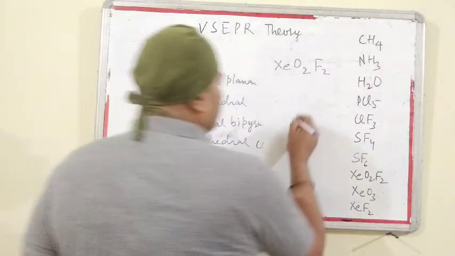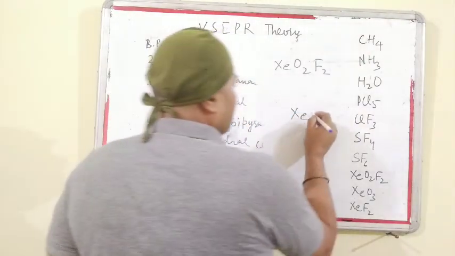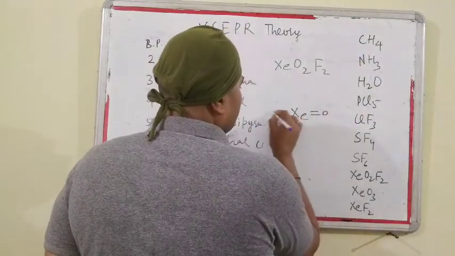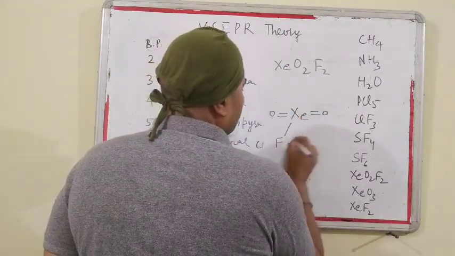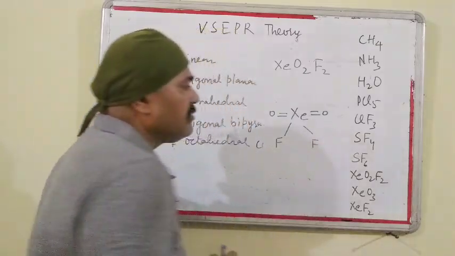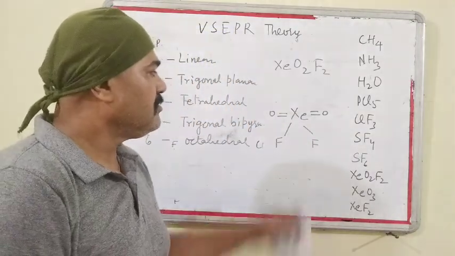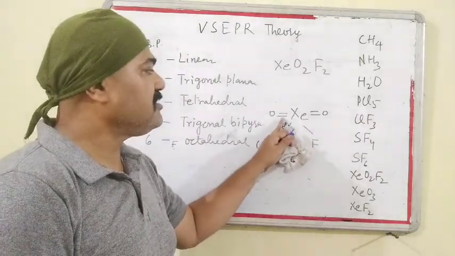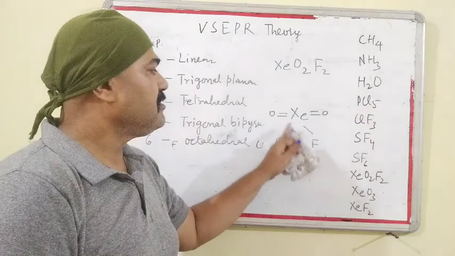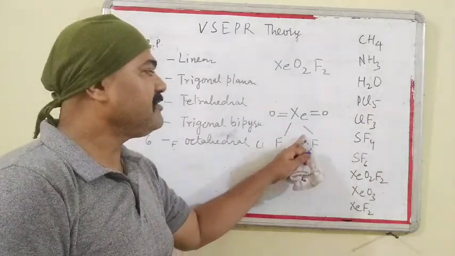So this may be written with 2 oxygen and 2 fluorine. Now, how many electrons are left? 2 are used here, 2 are used here, so 2 plus 2 is 4, and so on.